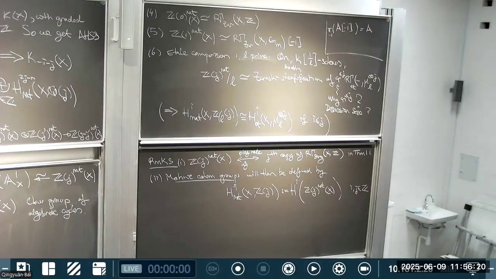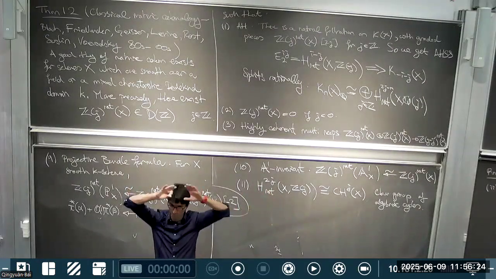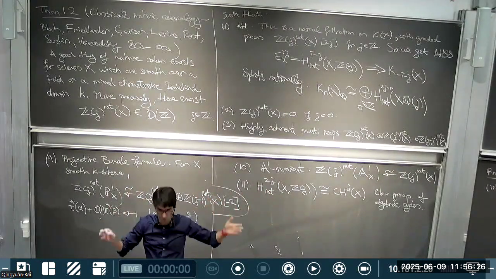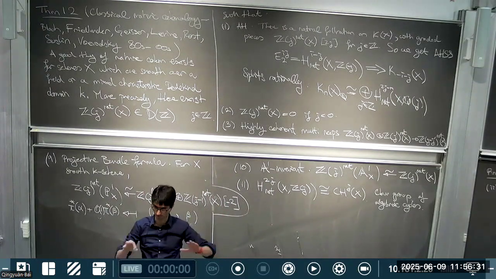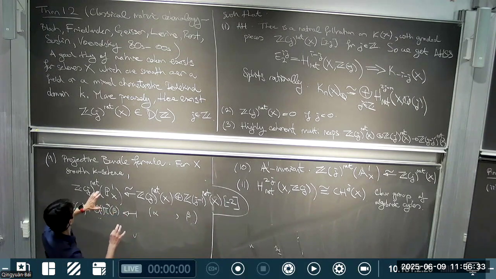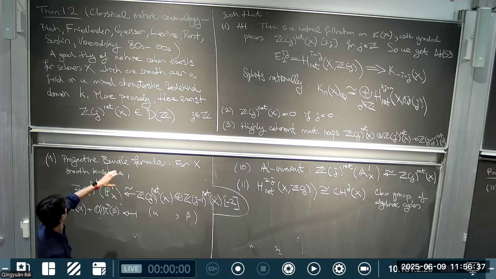And I'm going to have very little to say about the theorem in this context of smooth varieties or smooth schemes over a number field. This, as I said, was about the classical state of the art spanning 20, 30 years.